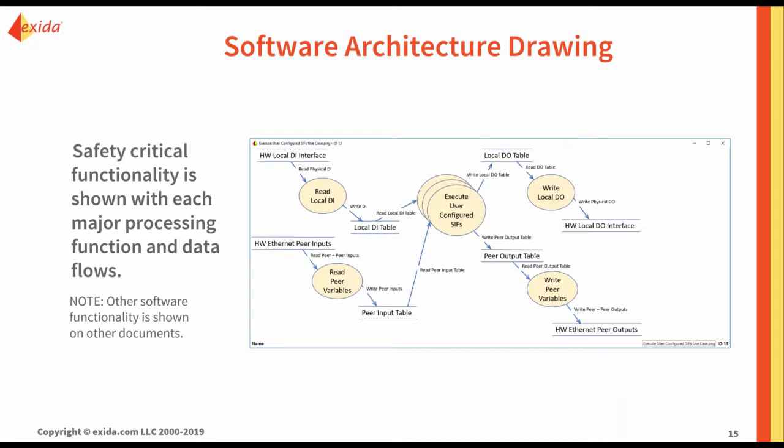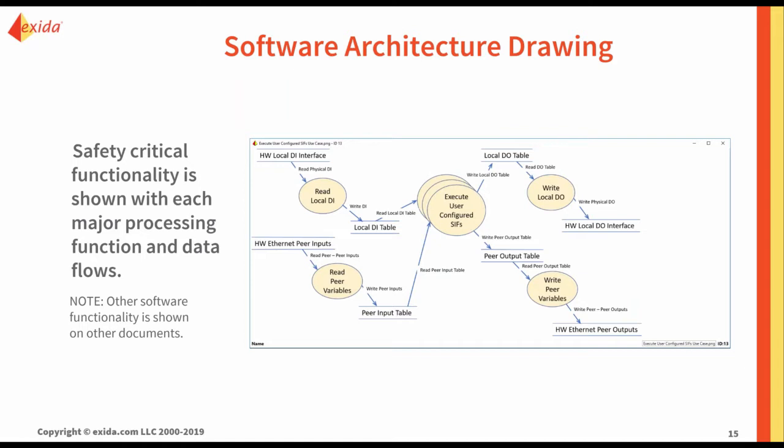Now, let's say we've done a preliminary software architecture design for the safety critical portion of the controller. And you can see we read local discrete inputs, we execute the safety functions, we write local discrete outputs.